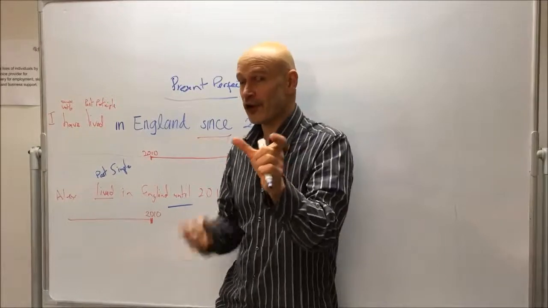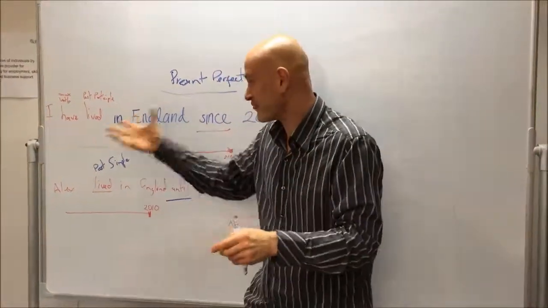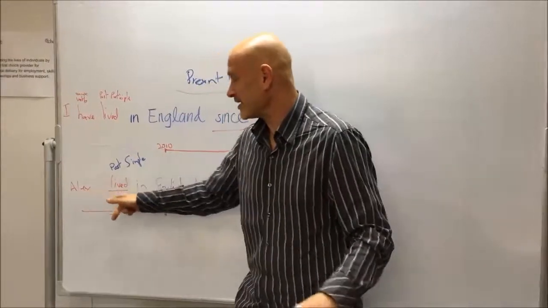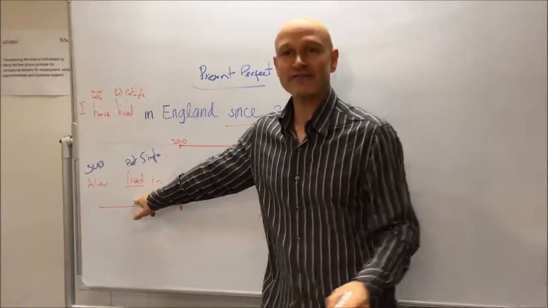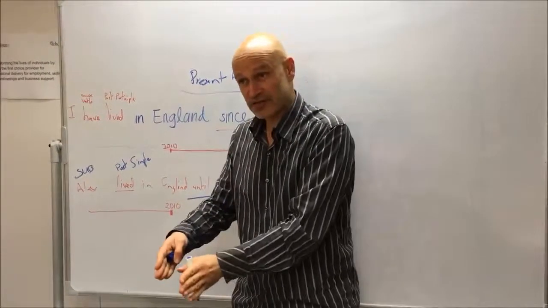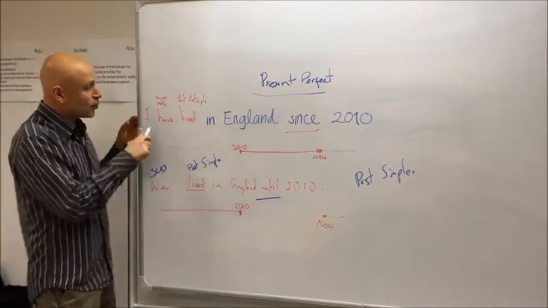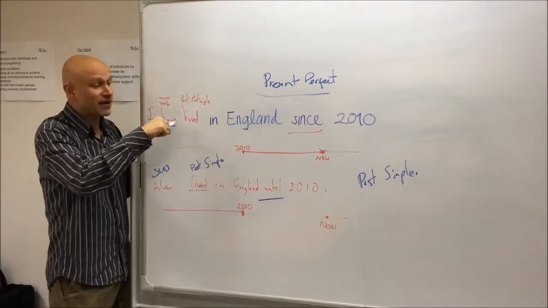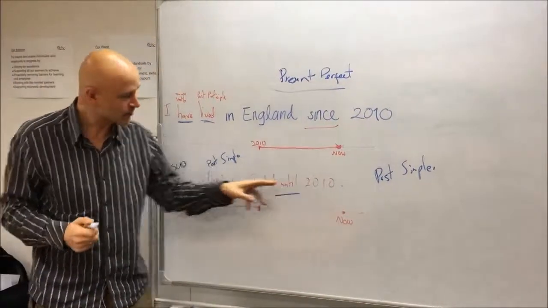For regular verbs, they look the same, but you have to remember the difference. Alex lived. We have the subject, and then we have the main verb in the past simple. Hey there, Oscar. But over here, we have an auxiliary verb, and the main verb is a past participle. Anyway, back to the sentence.